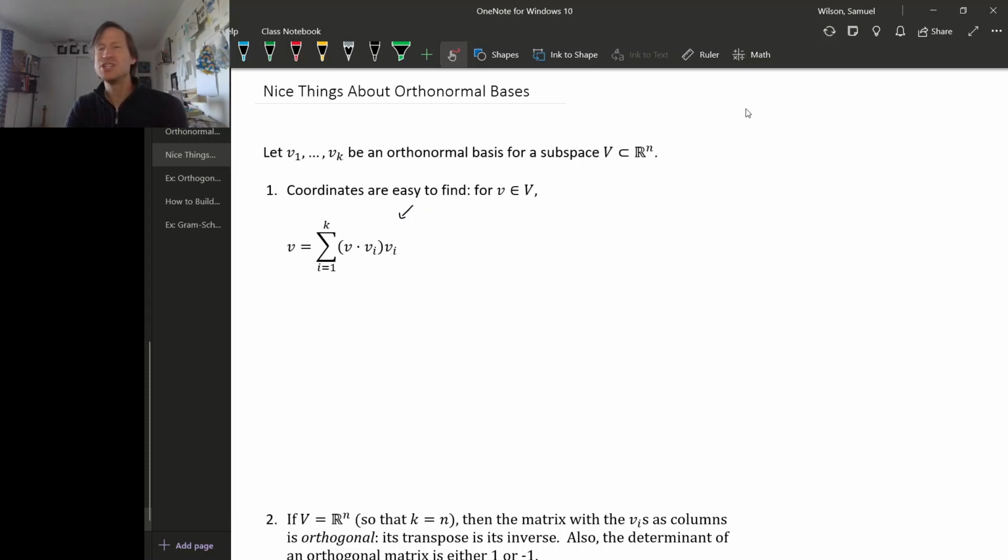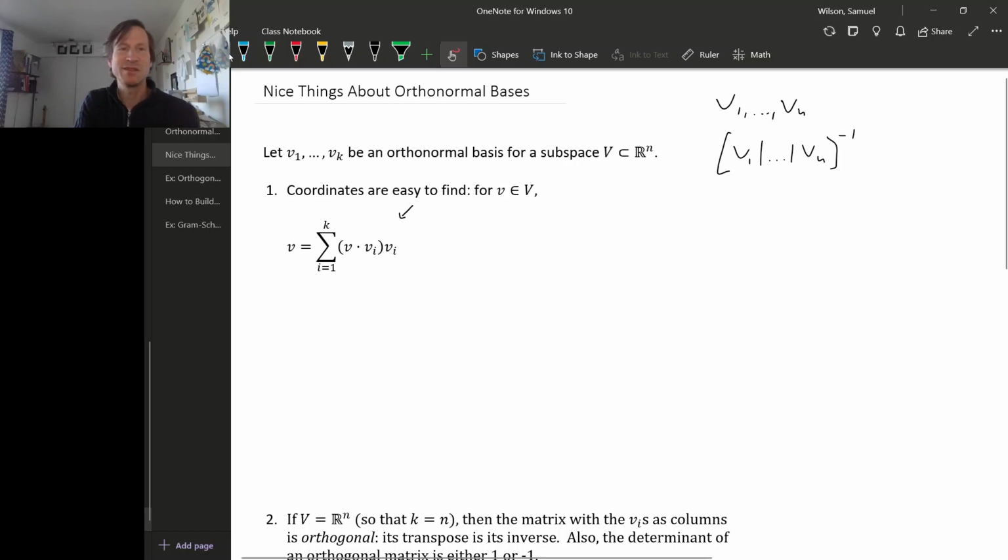So if you think about in general, if you have some basis for Rn that has n vectors in it, to find coordinates relative to a basis, first you'd write down this matrix, you'd put all these vectors into a matrix, and then you'd take the inverse of that matrix, and then you'd multiply whatever vector you were starting with, maybe it's x, by this matrix.